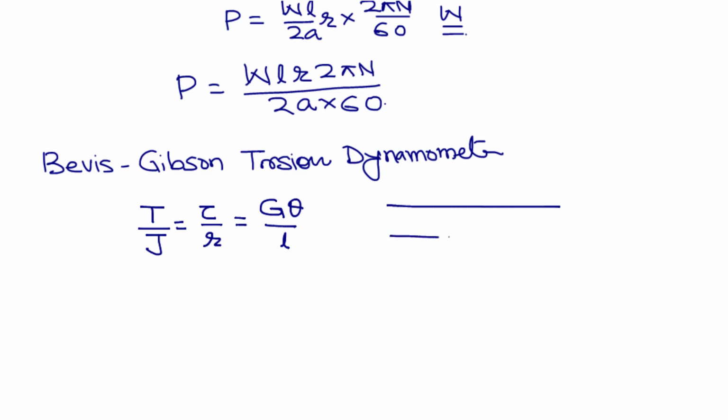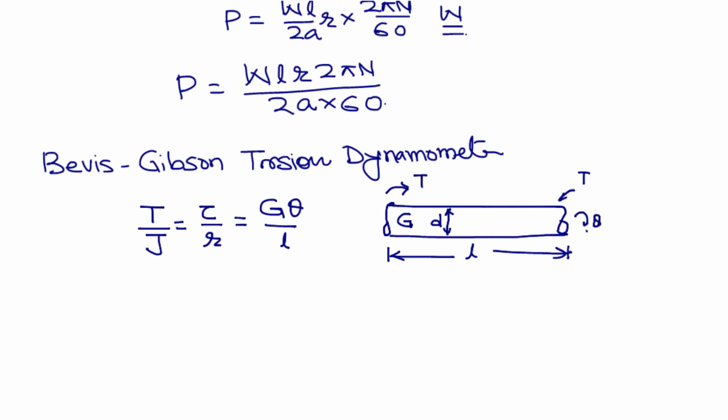So this is the shaft, at torque, this is T, then this is L, and the modulus of rigidity of the shaft material is G, diameter D, then the angle of twist is theta.